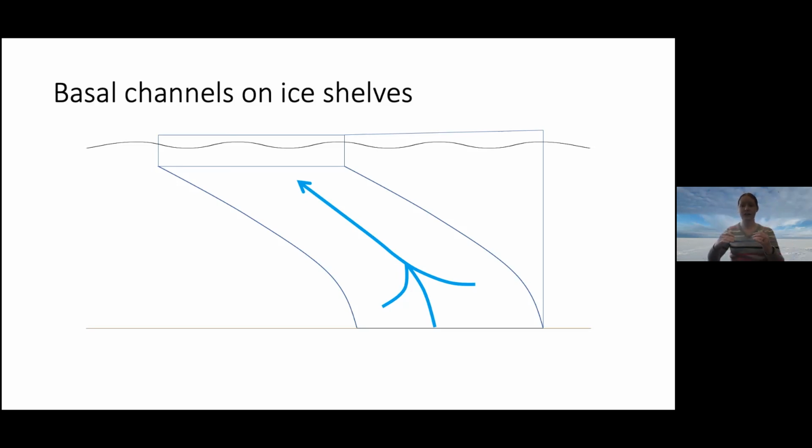And just like channels on the surface flow into the low spots and tend to make those low spots lower, channels on the undersides of ice shelves tend to flow into the high spots and make those high spots higher. We have melting rather than erosion of material, but it's a similar idea. So in a way, when we look at basal channels, what we're really looking at are these upside down rivers that form underneath ice shelves.